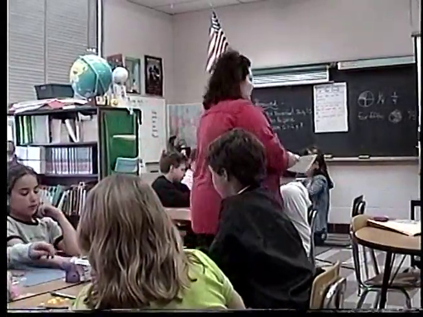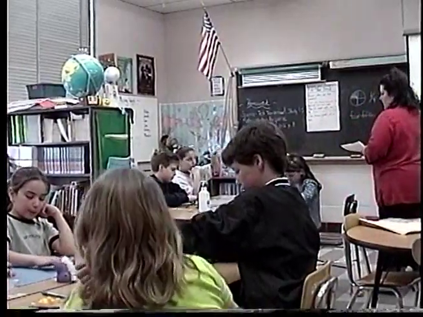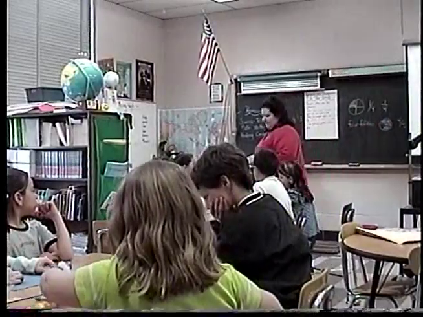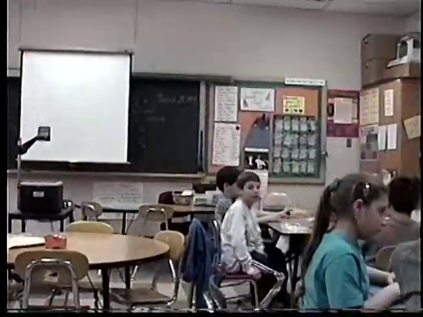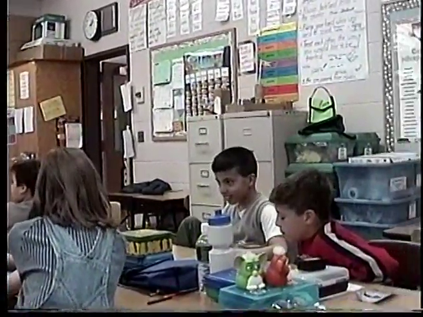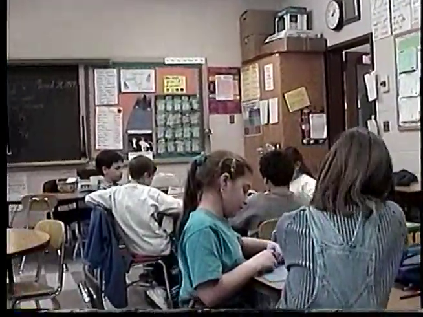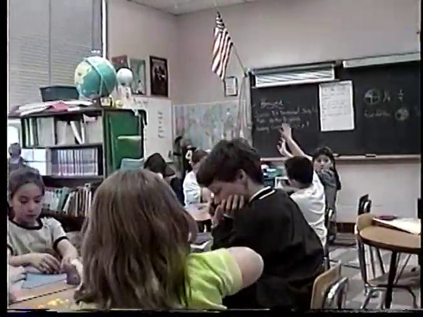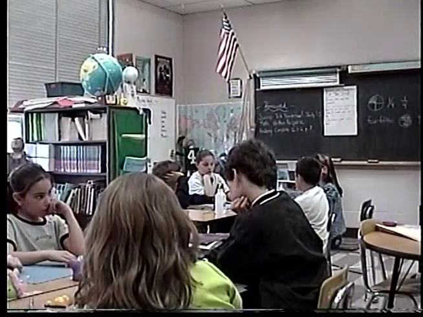Move those cubes around. 1/2 of 12. Raise your hand when you have the answer. Ralph, what's 1/2 of 12? 6. Good. Okay. Take those cubes, mix them up again.